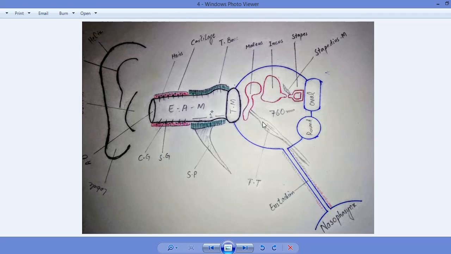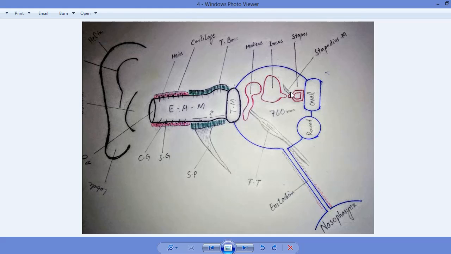Due to the contraction of the tensor tympani, the vibration produced in the tympanic membrane is nullified, stopped, inhibited.